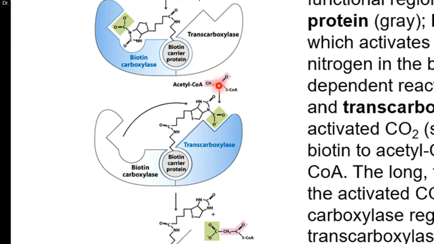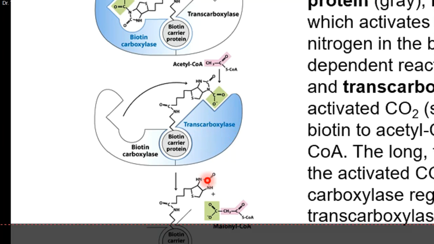Now this acyl coenzyme A is incoming, and this acyl coenzyme A and carbon dioxide are going to be attached by this trans carboxylase. The name of the enzyme denotes the function: transfer of the carboxyl moiety by the enzyme is what is called trans carboxylase.